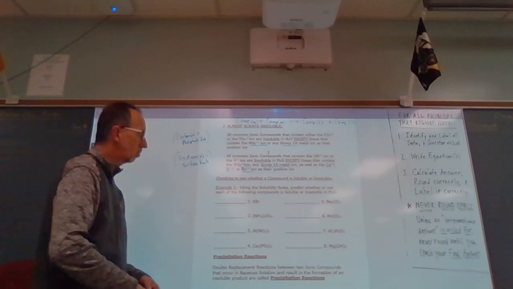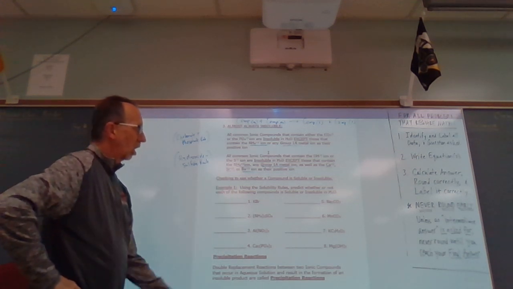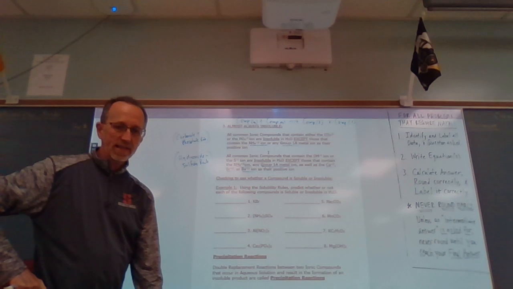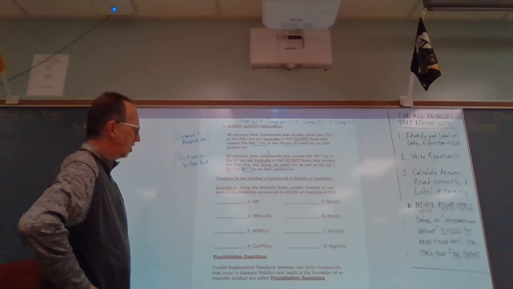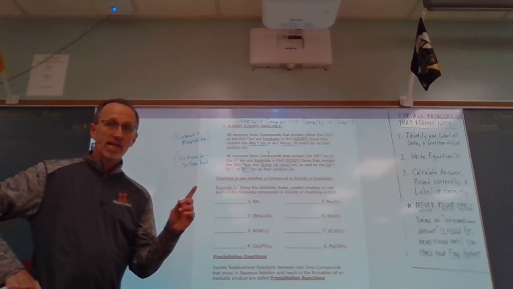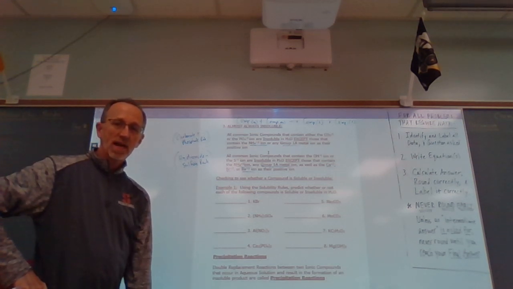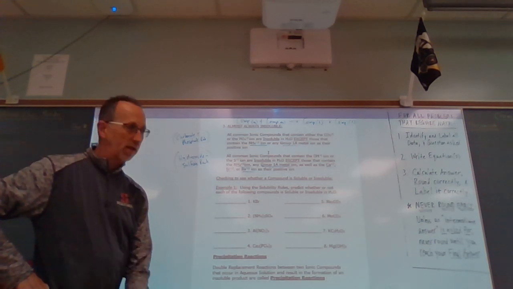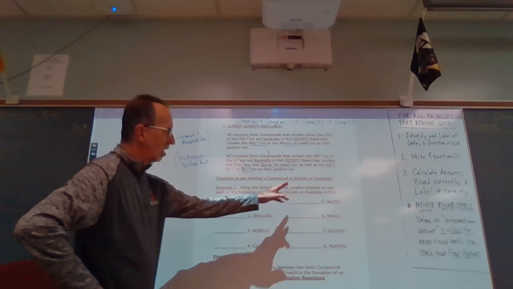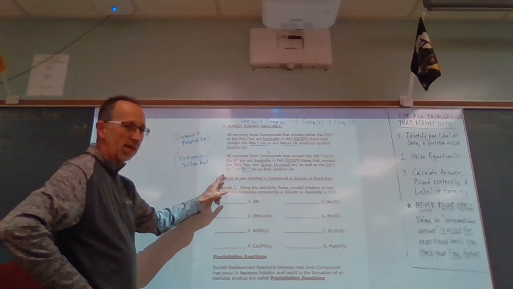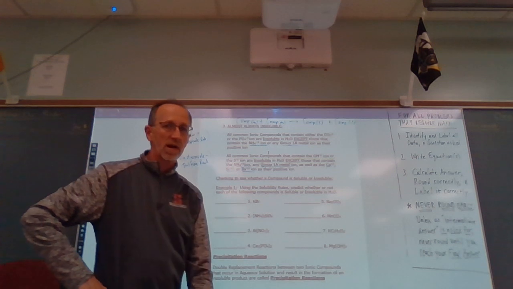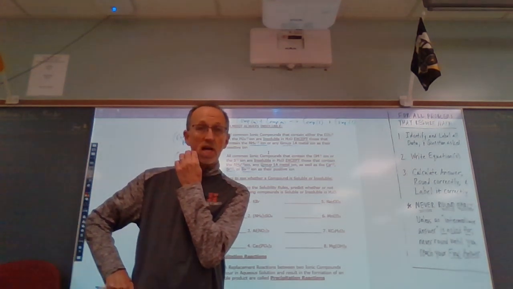So, let's just use hydroxide then as an example. Sodium hydroxide is soluble. Why? Got a 1A in it. Ammonium hydroxide is soluble. Why? It's got ammonium in it. Calcium hydroxide, strontium hydroxide, and barium hydroxide are also soluble.